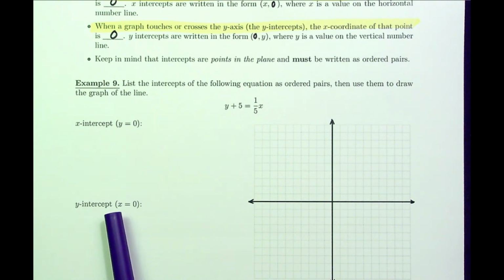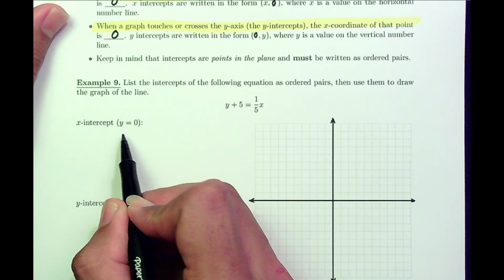If you're finding the x-intercept, you set the other variable, which is y, equal to 0. If you're going to find the y-intercept, you set the other variable, which is x, equal to 0. So for the x-intercept, we're going to plug in y equals 0.